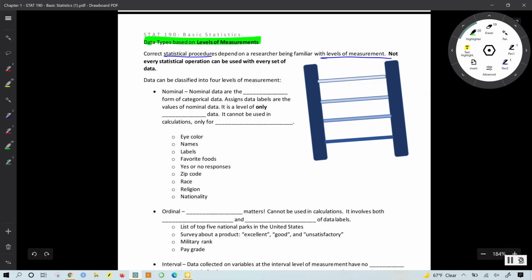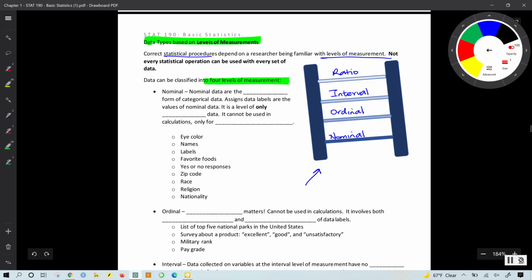And that brings us to the 4 levels of measurement of any variable in data analysis or statistics. The ladder on your screen shows the levels, and starting from the lowest, we start from nominal, next is ordinal, followed by interval and ratio in that order.